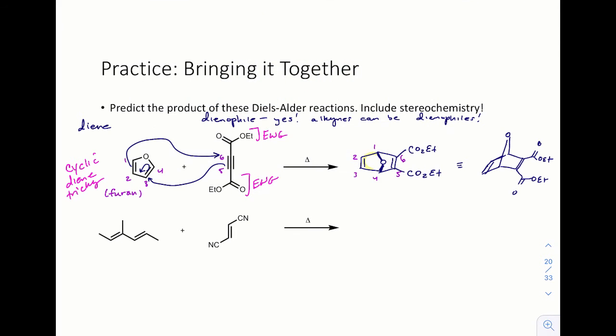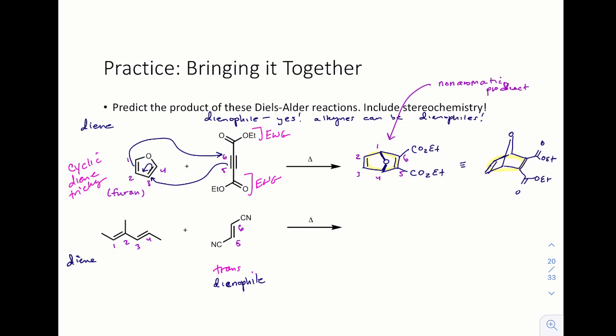We can see the cyclohexene. In this case, cyclohexadiene, because there's an additional double bond coming from the additional double bond in the dienophile. This is a good time to point out, just notice I kept mentioning that furan lost its aromaticity when it reacts in the Diels-Alder. Just notice that this is a non-aromatic product.